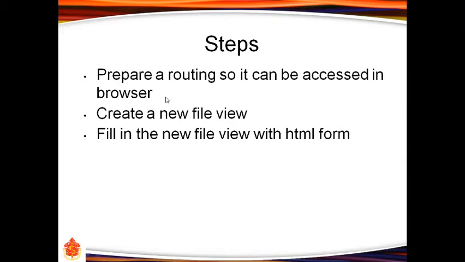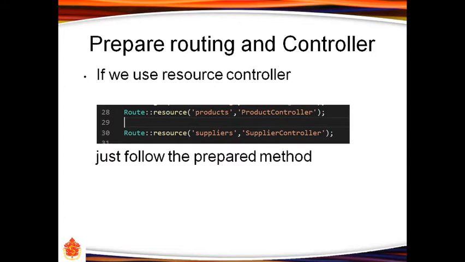Then we will create a new file and check again whether our new view file can be shown or not. And then we fill it with the details of the form. First, we will prepare our routing.